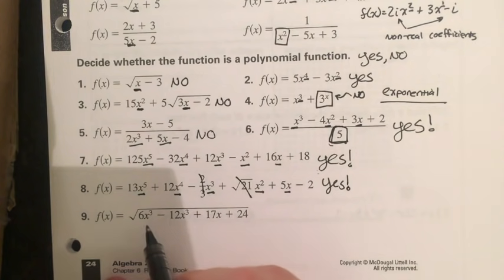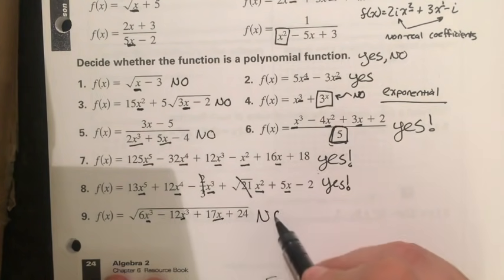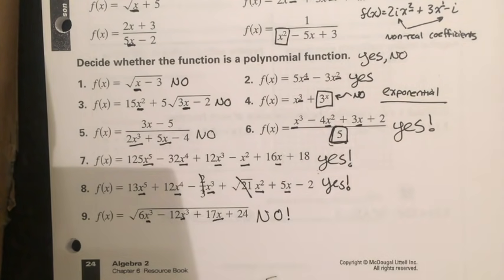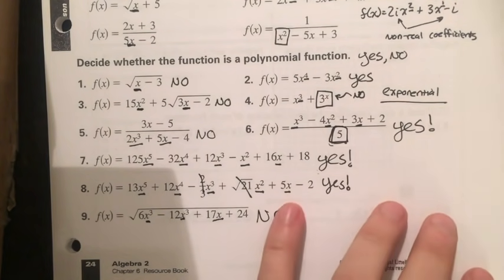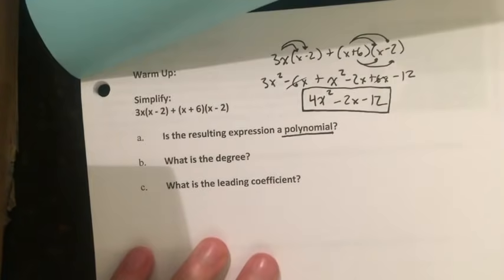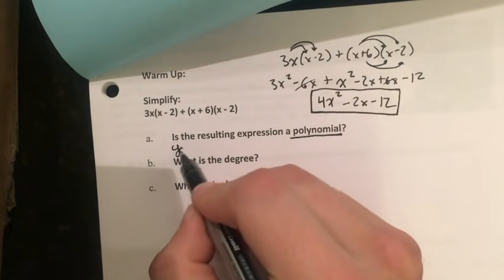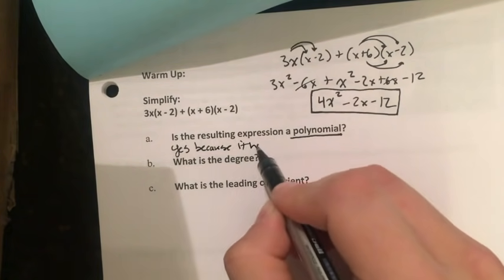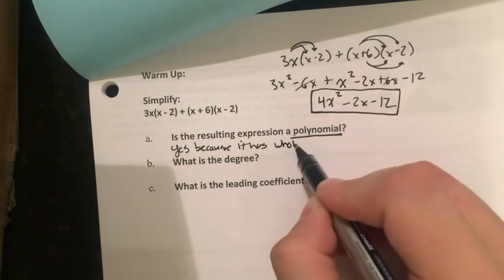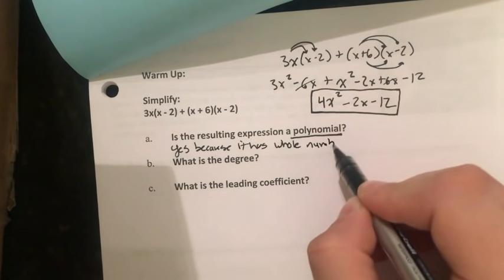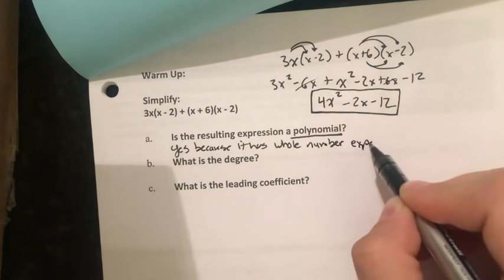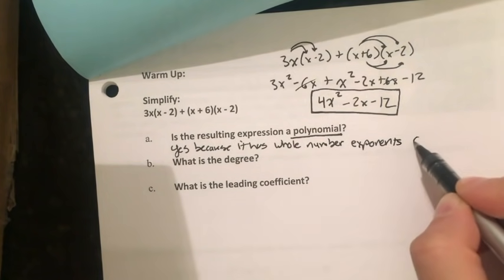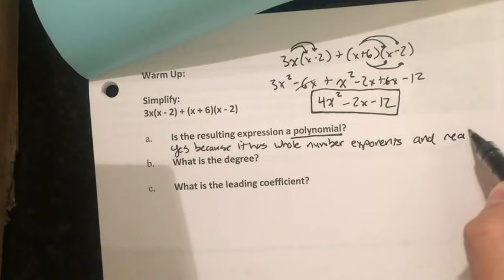And lastly, we have a bunch of x's underneath the square root, so we're going to have to say no. So at this point, if we were to swing back to our original warm-up, well, we would say yes, because it has whole number exponents and real coefficients.